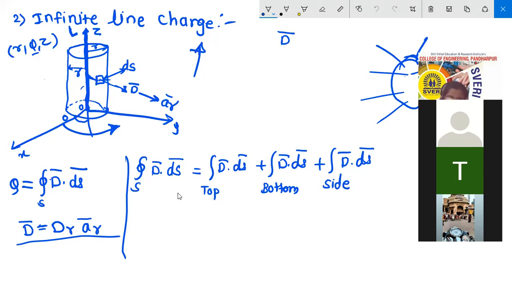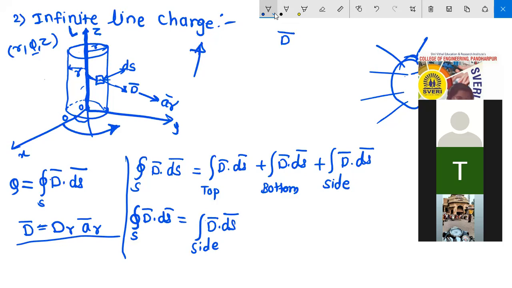So this closed surface integral of D bar dot dS bar is equal to 0 plus 0 plus only the side surface. It is only for the side surface, because for the top and bottom surfaces these are 0.